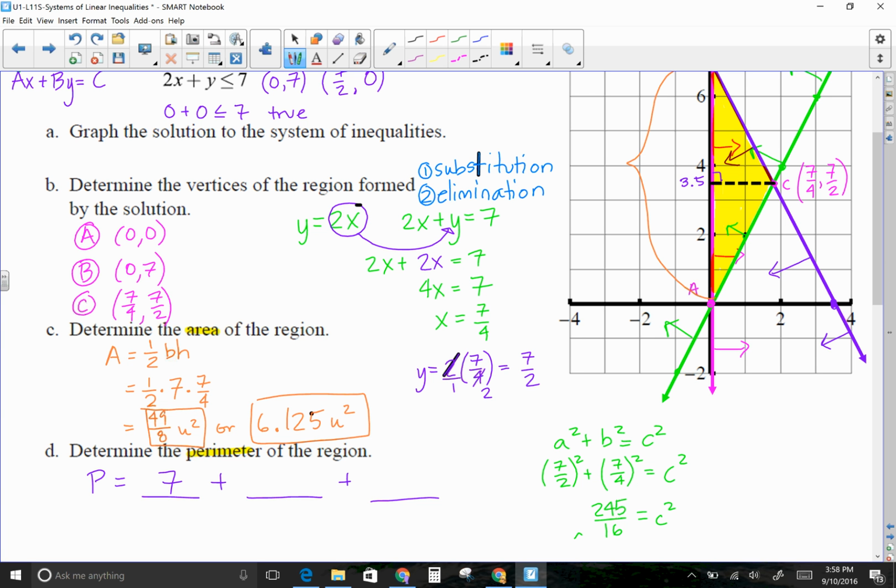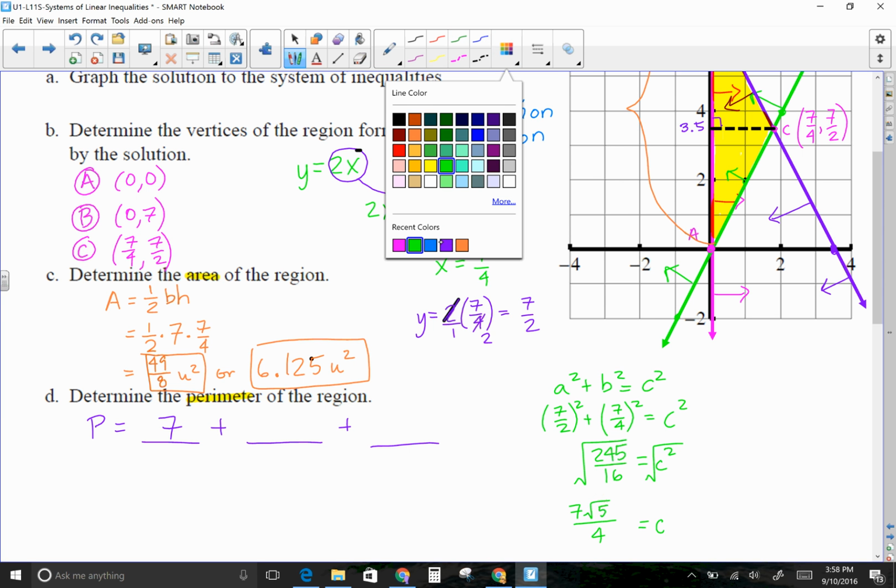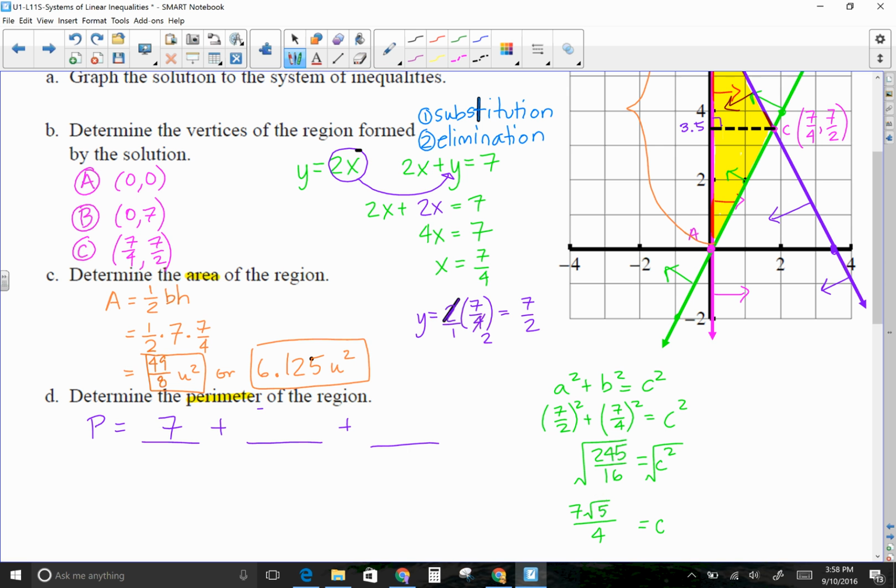And then when you take the square root of both sides, you will find out that c is equal to 7 square roots of 5/4. Because the square root of 16 is 4, this is 5 times 49, and the square root of 49 is 7. So both of those sides have a length of 7 square roots of 5/4.